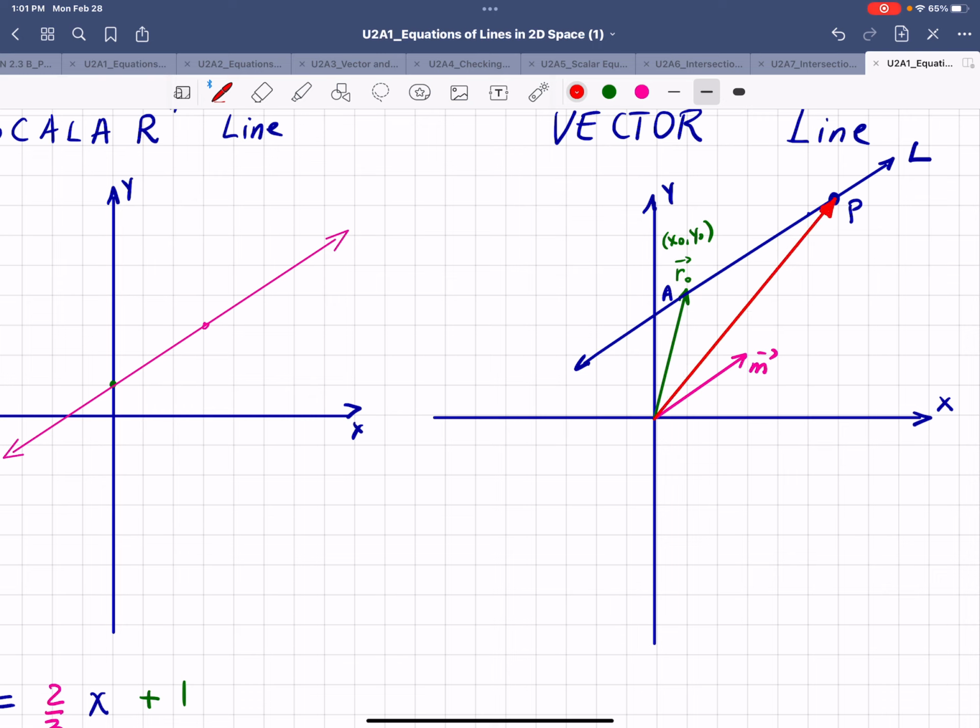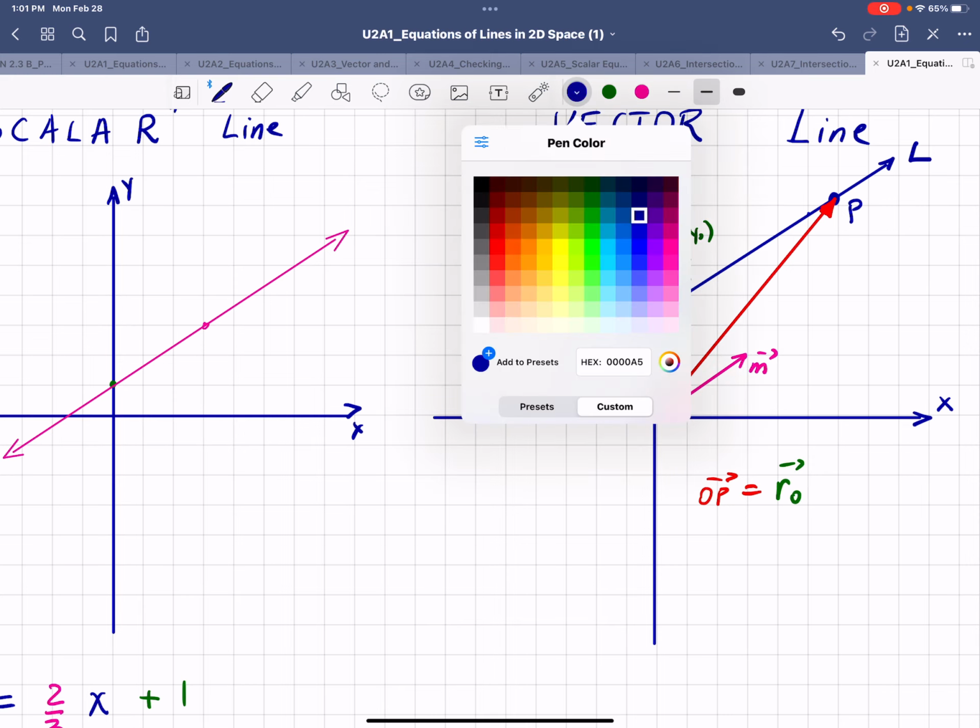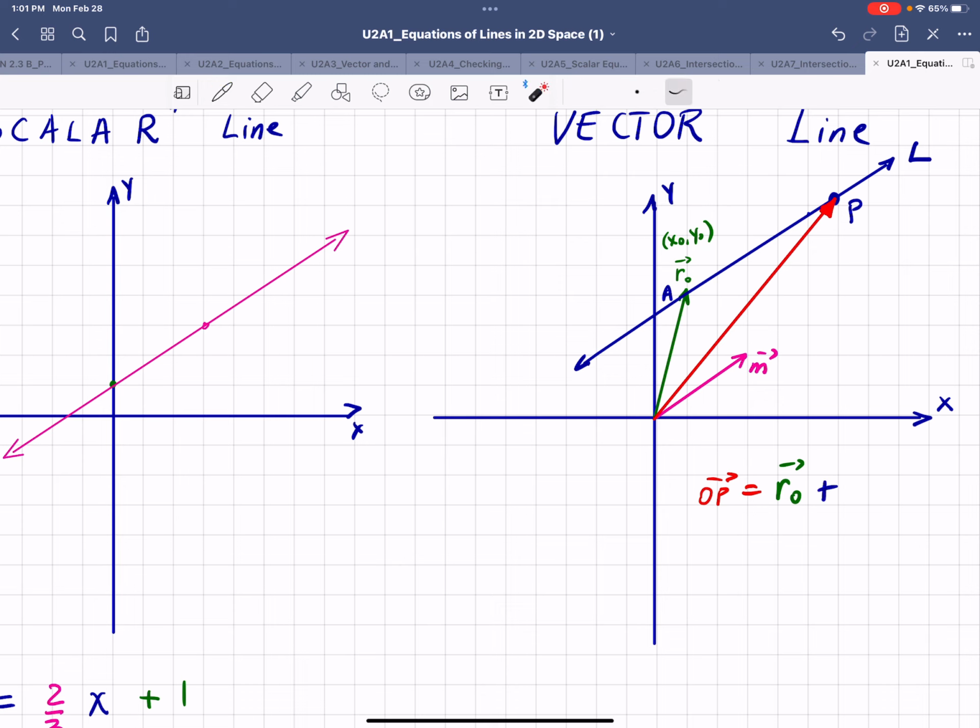So we'll say that vector OP equals, let's take a look at the triangle, vector OP equals vector OA, which is vector r0, plus, and now this is the other vector we need to add, and I'm going to call this vector AP.